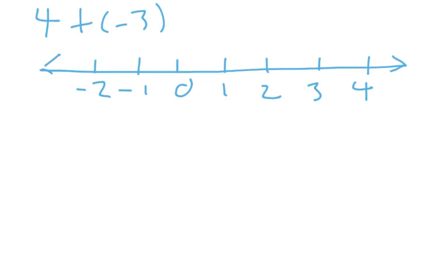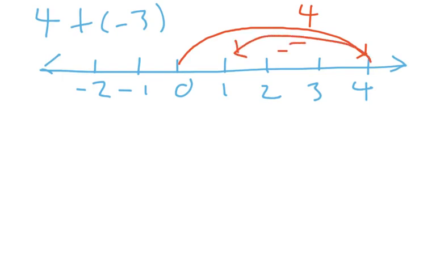A negative number represents an arrow to the left. So if I were going to add 4 plus -3, I'd have to start at 0, go 4 to the right. Then I would have to go 3 to the left from there. And that means that I will land at a +1.